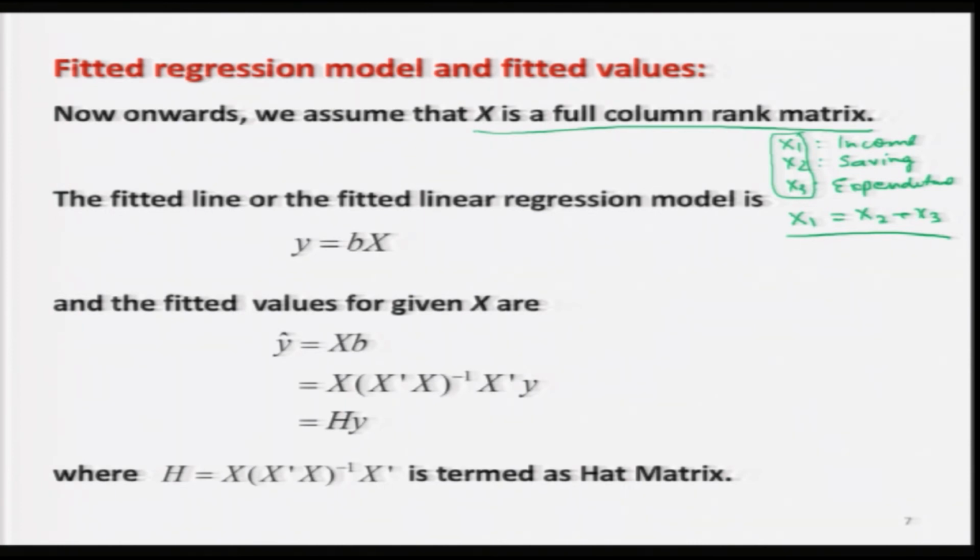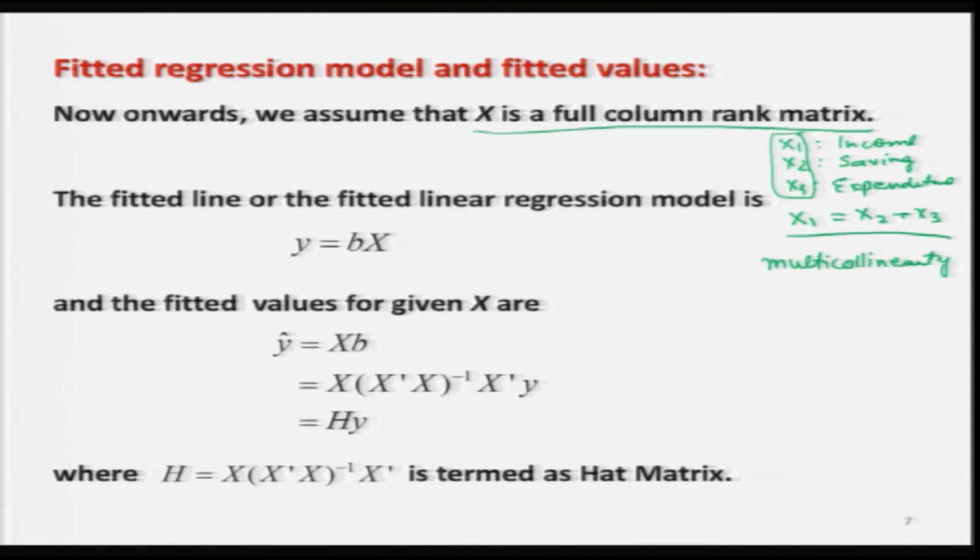So, in that case X will not remain a full column rank matrix, and this problem is actually termed the problem of multi-collinearity. I am not saying that this problem does not occur in practice. I am assuring you, yes, it may happen that the data may have such an issue.